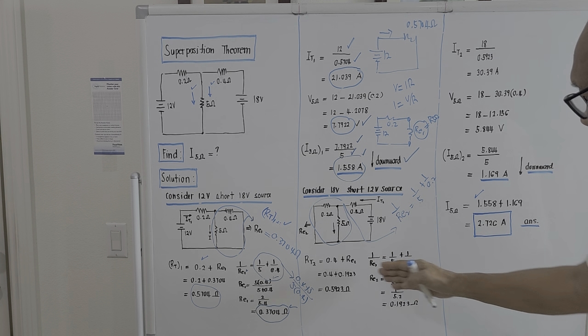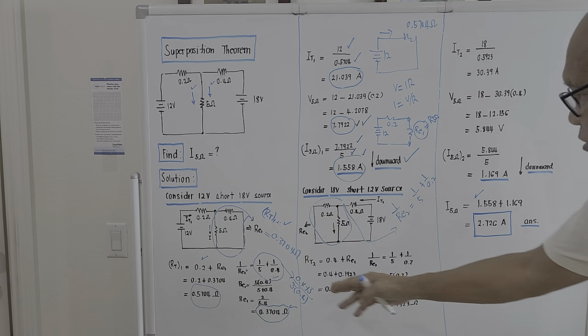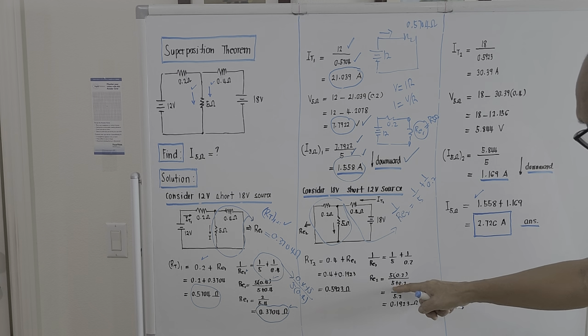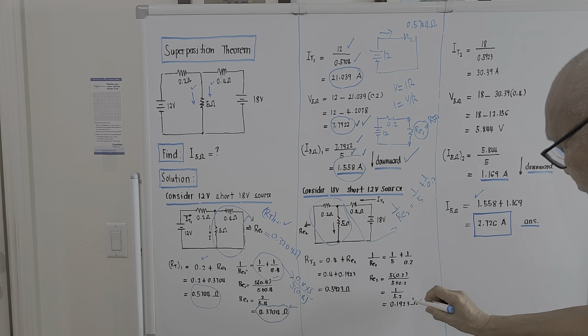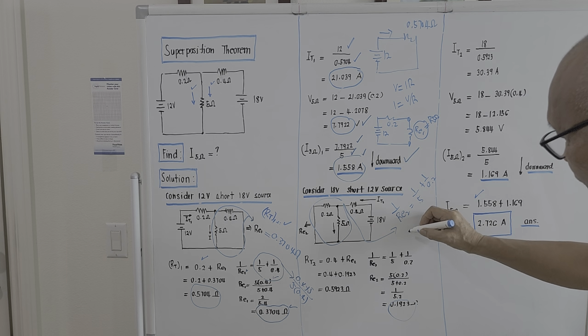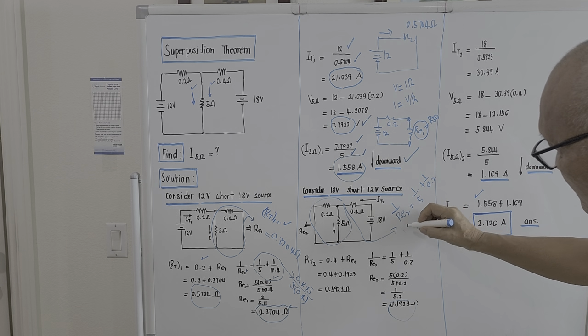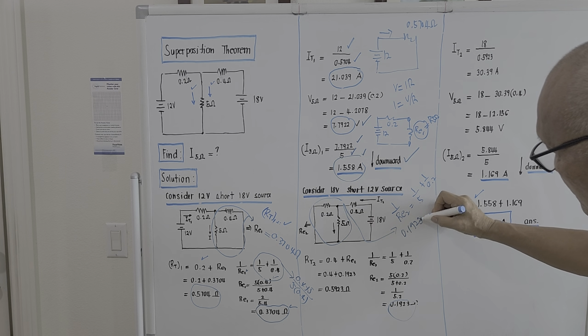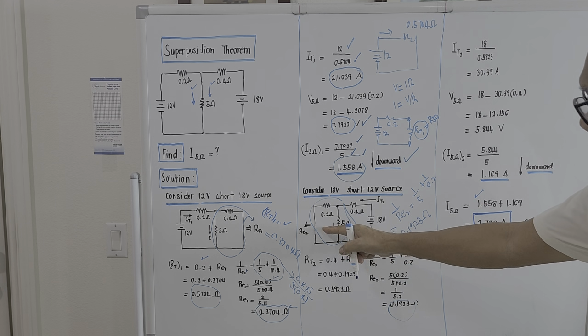If we simplify this one, it's the same as the first one, but the values will be different. So this will now be 5 times 0.2 over 5 plus 0.2, or what will come out will be 0.1923 ohms. The single equivalent.